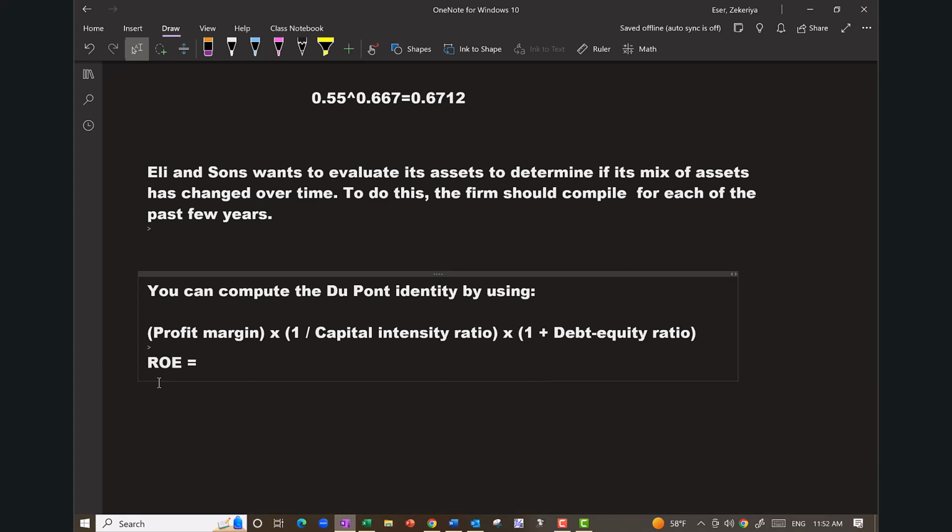DuPont's identity says PM times TAT times EM, okay? Now, the first part is PM. This doesn't say TAT, but if you know the definition of capital intensity ratio, which is assets over sales instead of sales over assets, it's just a reciprocal of TAT, okay?